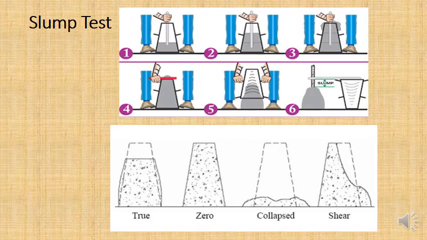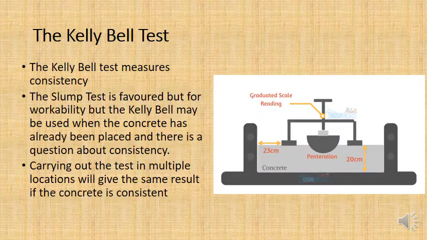So if it collapses or it shears, that means you need to go back and fix your concrete before you can use it. Now, I've placed a video of a slump test online. You can go to the link on the Moodle page and you can see a slump test. And we will do a slump test together in the lab when we get back to the university.